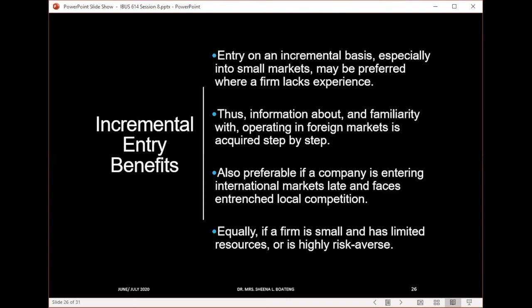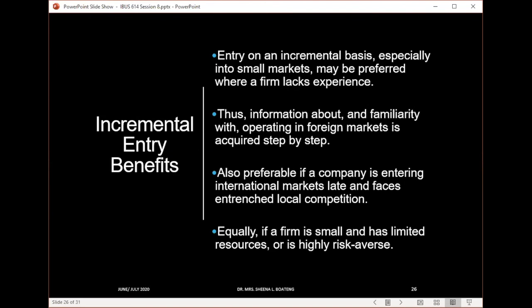compete. And the incremental approach is also beneficial for those firms who are small and have limited resources to spend, because like we realized, the shower approach comes with a high resource commitment where you have to spend a lot to make sure that you are in a good position to compete in all these multiple markets at the same time.